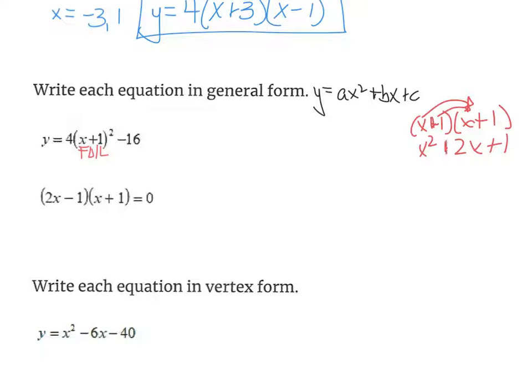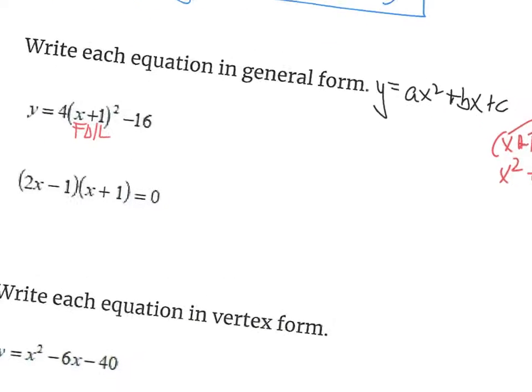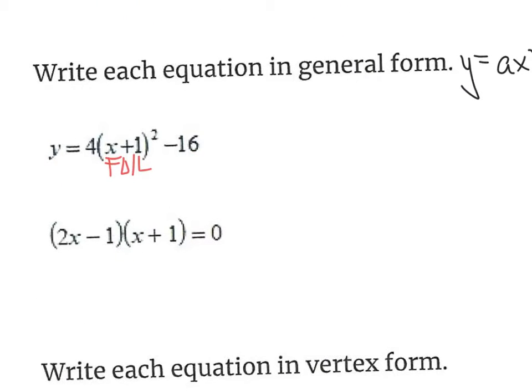My stylus is not working well, so I'm going to come back here. If I got x squared plus 2x plus 1 for this, I'm going to write that down, but still multiply it by 4. That becomes 4 times x squared plus 2x plus 1, and then the minus 16 on the end.